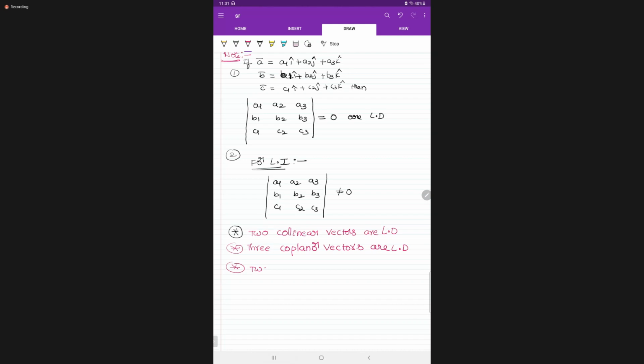Two non-collinear vectors are linear independent. More than three coplanar vectors are linear dependent.